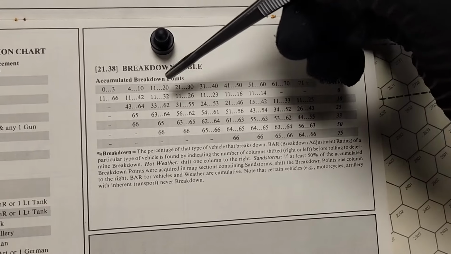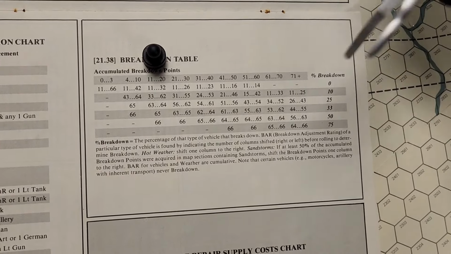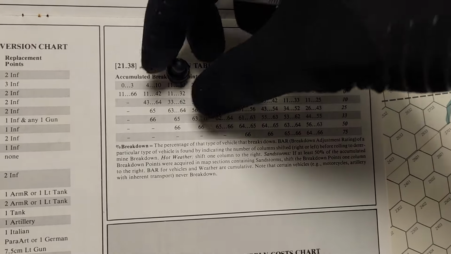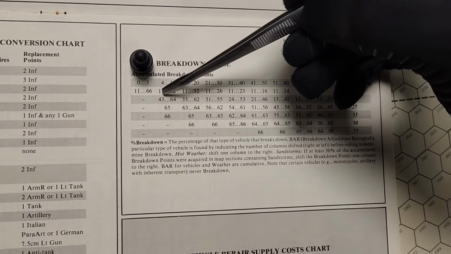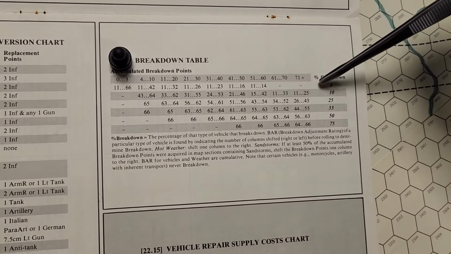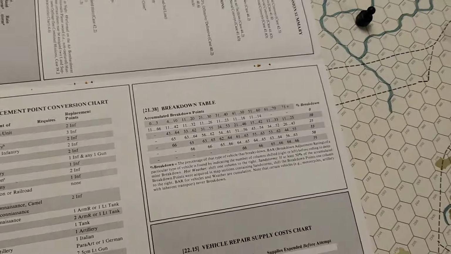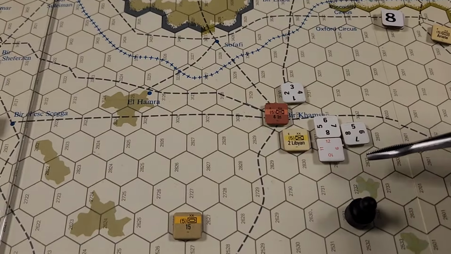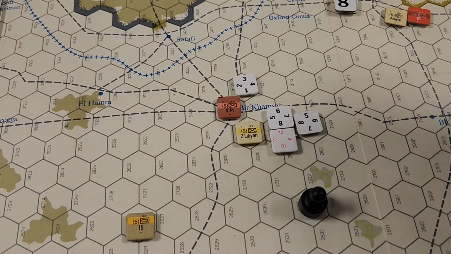We have 12 breakdown points, which we put here. But supply trucks get 2 shifts to the left. So it's going to go 1, 2. As you can see, nothing's going to happen. 11 to 66, 0% breaks down. So there are no breakdowns. I leave this here because if we continue moving, this continues going up.